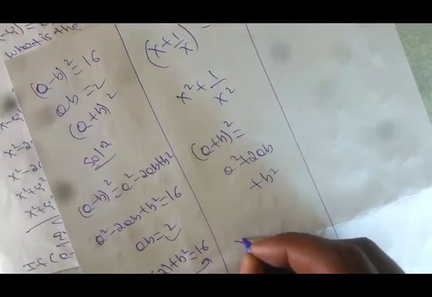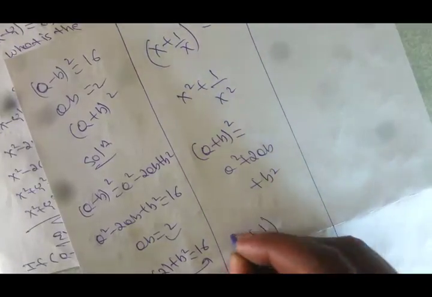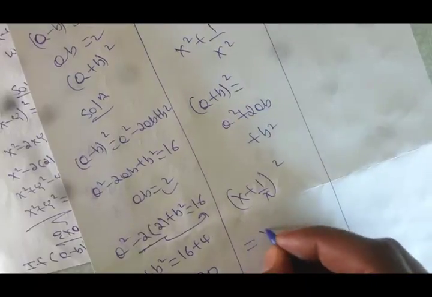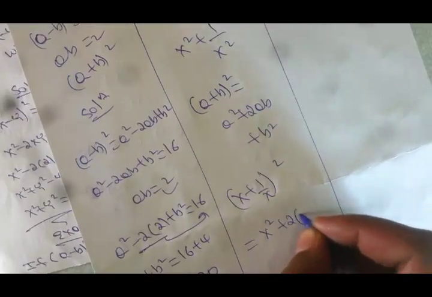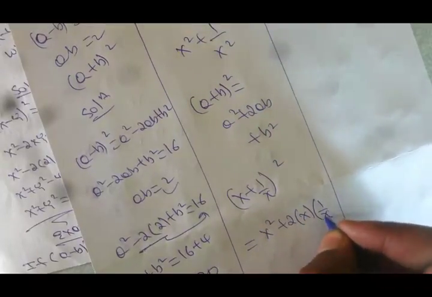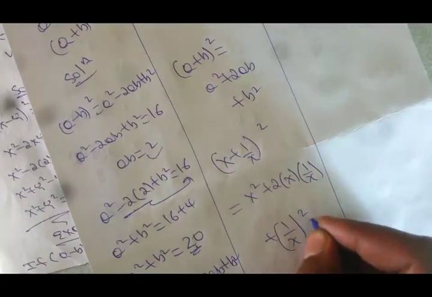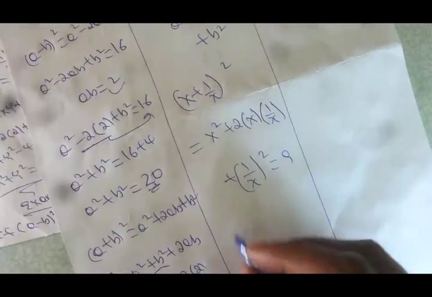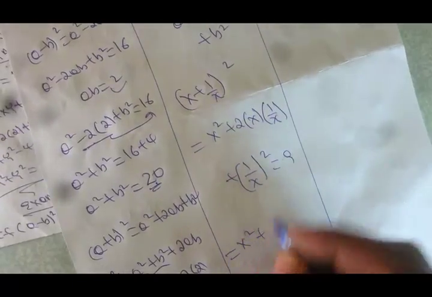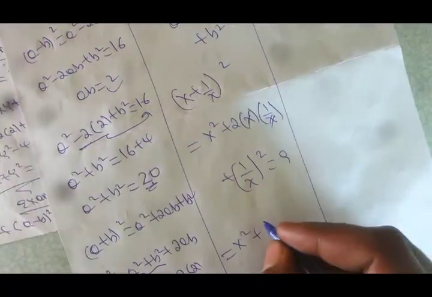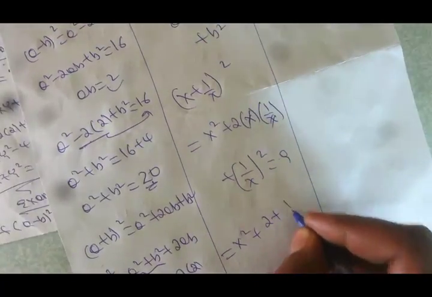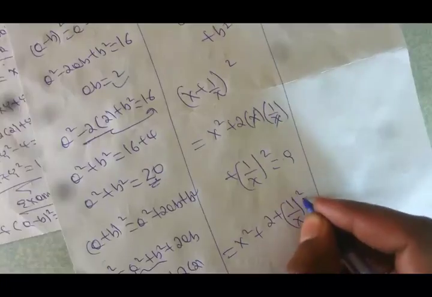Therefore, x plus 1 over x the whole squared is equal to x squared plus 2 times x times 1 over x plus 1 over x the whole squared, which is equal to 9. This is equal to x squared plus 2, where x is cancelled, plus 1 over x the whole squared, which is equal to 9.